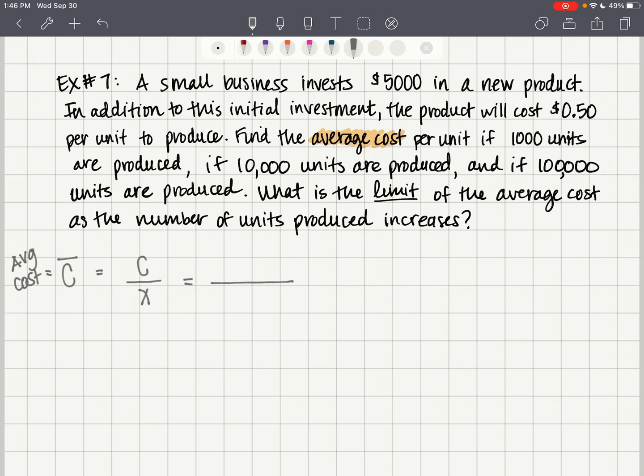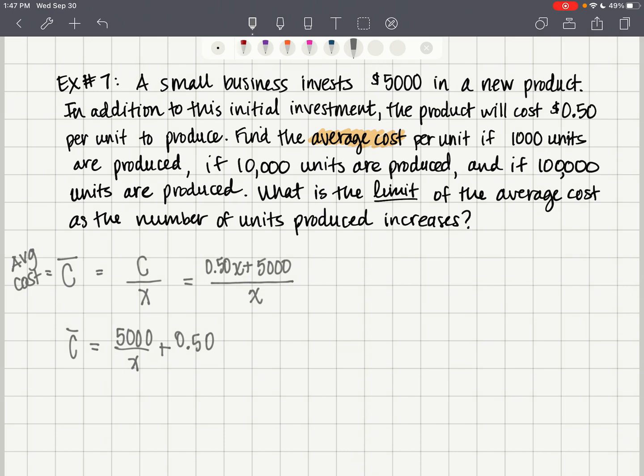And our cost function, we invest $5,000, so that's the flat fee, and then 50 cents per unit, so 0.50x. And then we're going to divide by the number of units x. So C bar is equal to 5,000 over x plus 0.50.